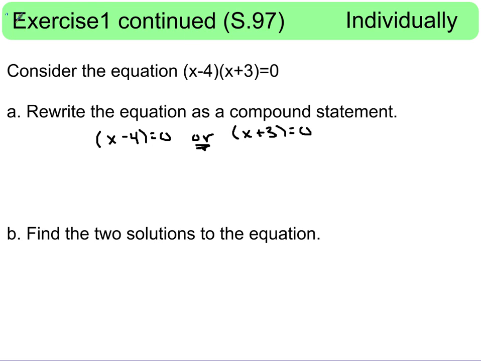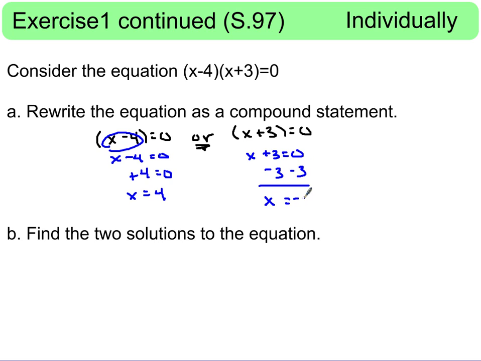So generally at this point what the students are doing is they're going to take this x minus 4, set it equal to 0, and add 4 on both sides. So they know that if x were to equal 4, then this whole piece here would go to 0. Likewise here, x plus 3 equals 0. So if I subtract 3 on both sides, x will equal negative 3.